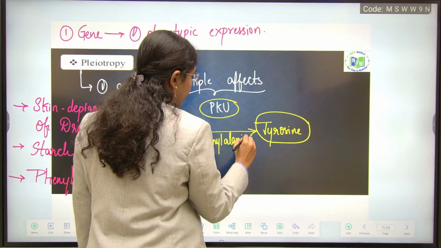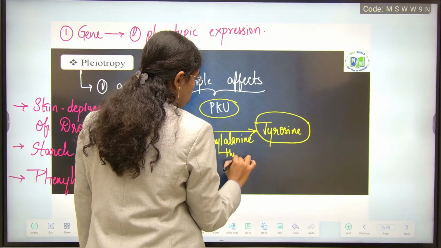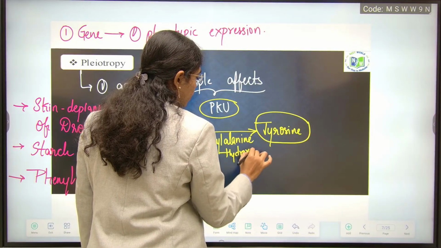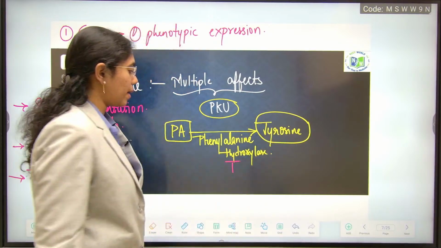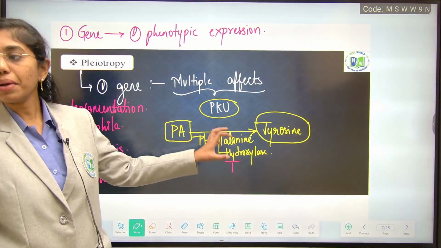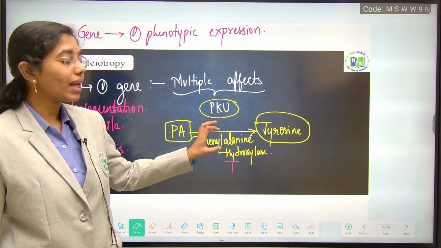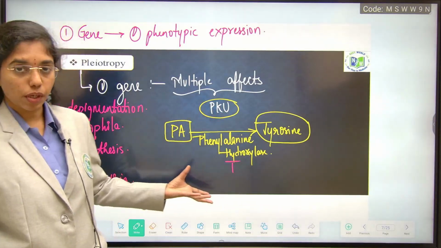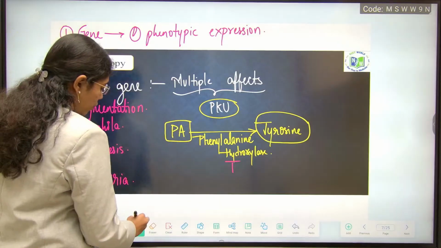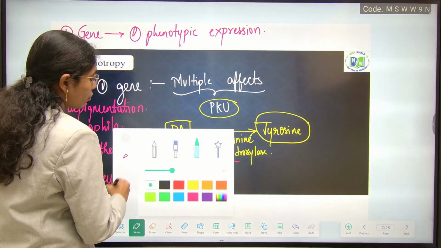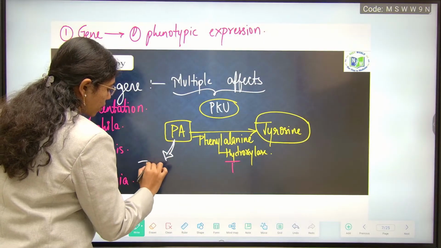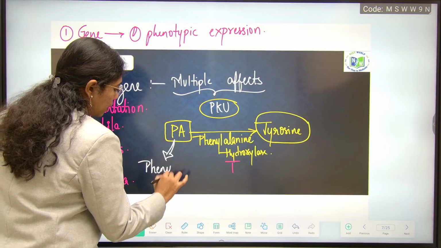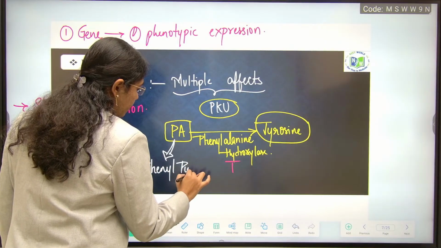But in the absence of this one enzyme, when this one enzyme is inhibited or not showing its expression, phenylalanine will get stored in the form of phenylpyruvic acid.